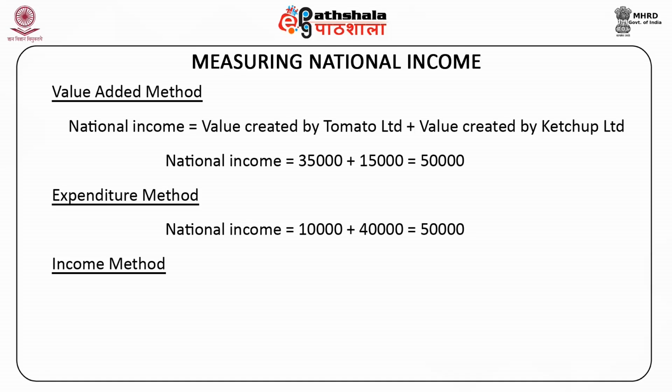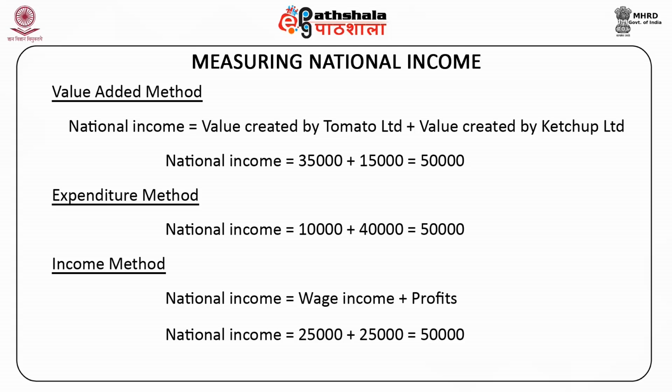The wage income of the economy is 25,000, 15,000 and 10,000 of Tomato Limited and Ketchup Limited respectively. The national income will be equal to wage income plus profits income, that is 25,000 plus 25,000, which is equal to rupees 50,000. Thus we can see that the amount of national income derived through different approaches is identical.